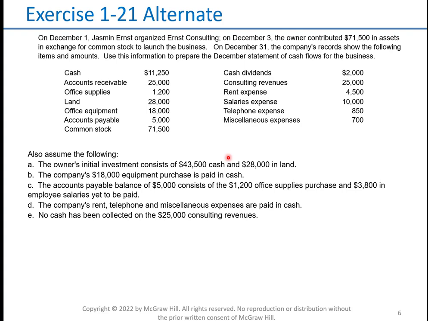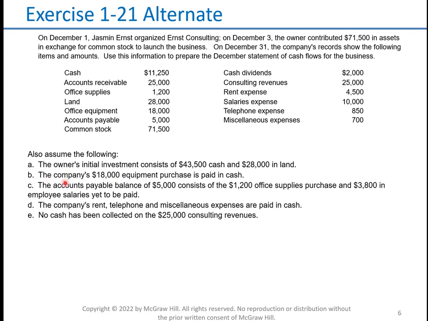When we're preparing the statement of cash flows, we are only looking at cash inflows and cash outflows. So that's why we needed this additional information, because we are only looking at which of these items have to do with either cash flowing into or out of the business.